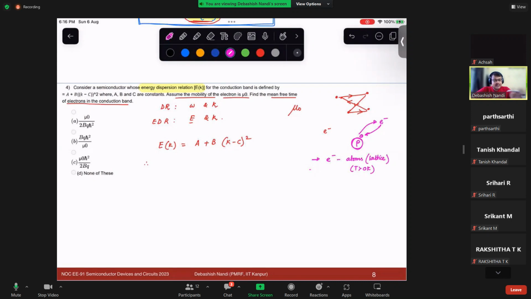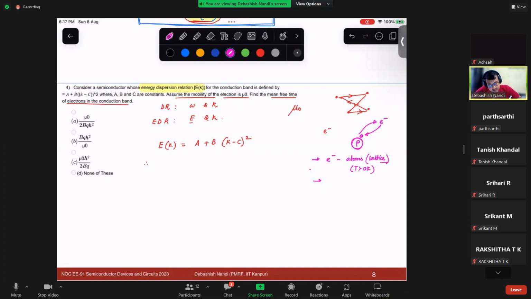So that changes the motion of the electron. That is called lattice scattering or phonon scattering. Phonon is nothing but that vibration only. We are just quantizing it as a particle. Phonon is nothing fancy.